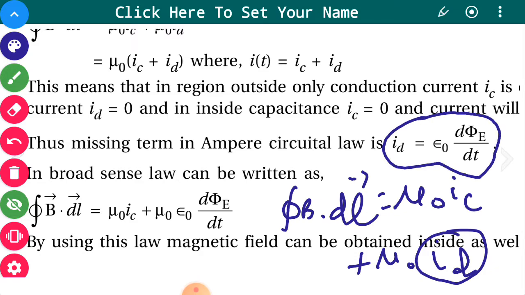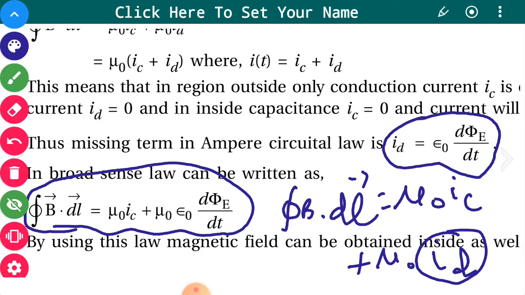So our equation will become this, just remember: integration B dot dl is equal to mu 0 IC, the conduction current first part. The extra term which is added is mu 0 into ID, and ID is epsilon 0 d phi E by dt. So this part is nothing but the displacement current term.